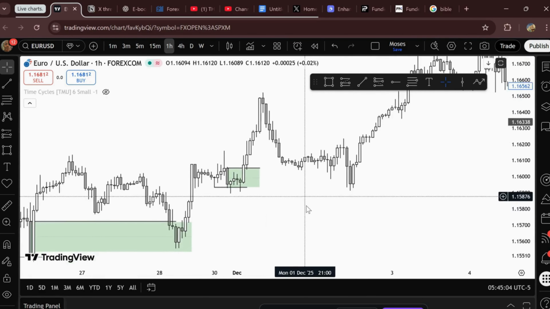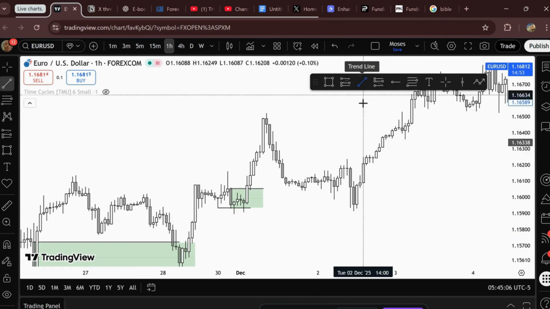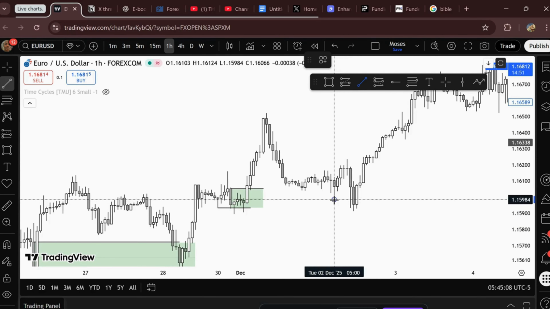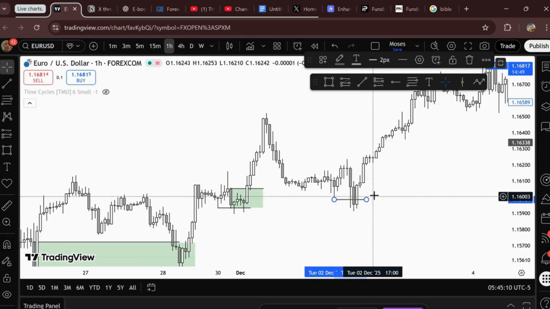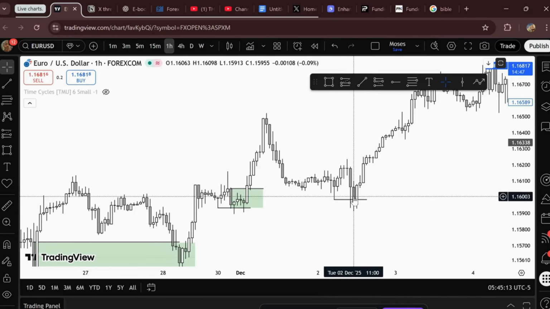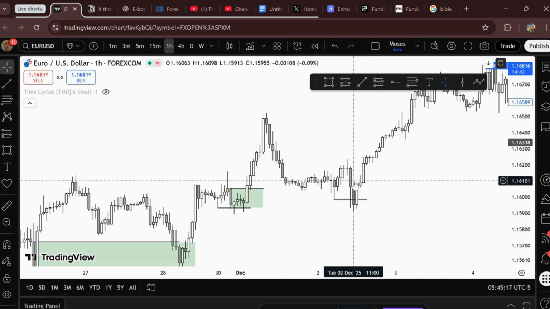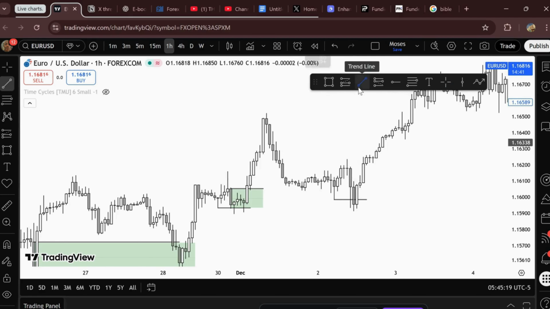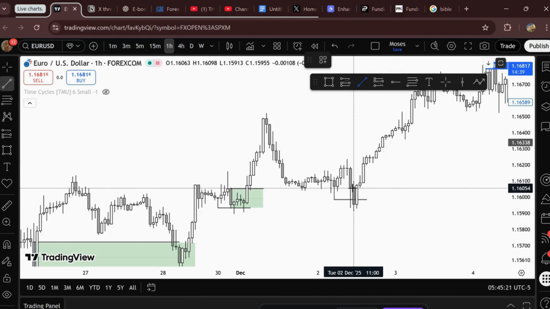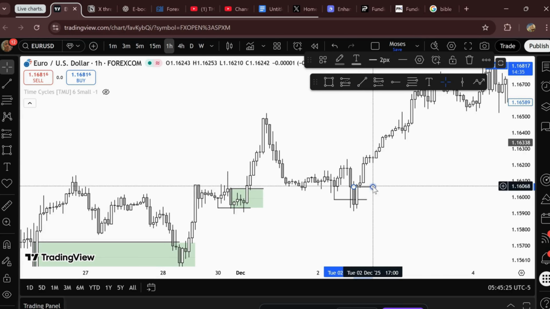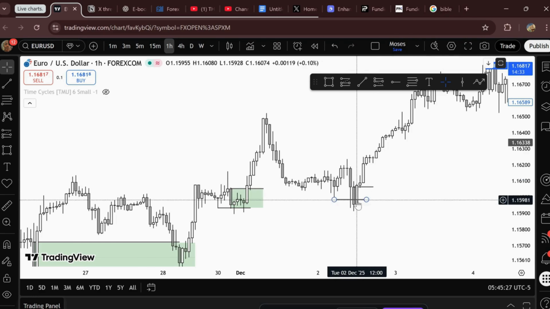Okay, another example is here. We had price take out this liquidity, this low, right? But where is the last bearish candlestick? This big down close candle here. And what qualified it as an order block? As soon as price closed above the open of this candle, this qualified it to become a bullish order block.